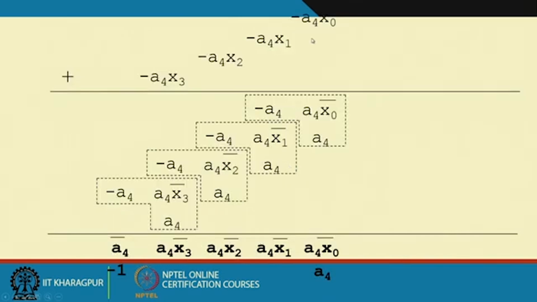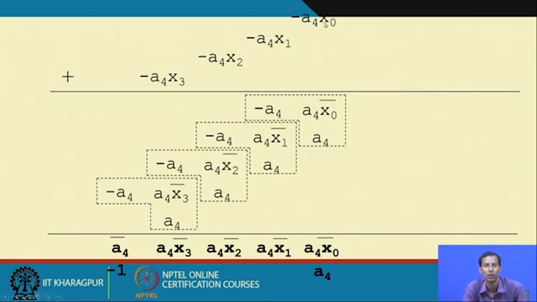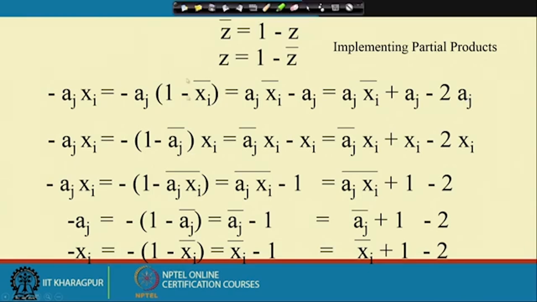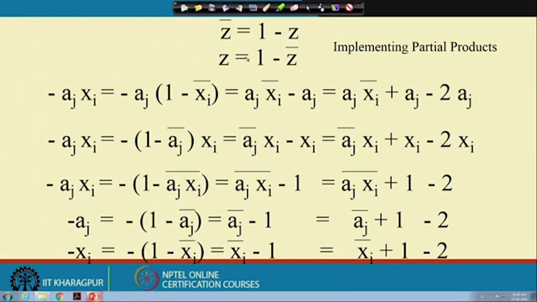Now, for that particular position, suppose for minus a4 x0, how will it be represented? Minus a4, then a4 x0 bar and a4. Why is it so? Because here you see minus 2aj. So, this is minus aj xi.